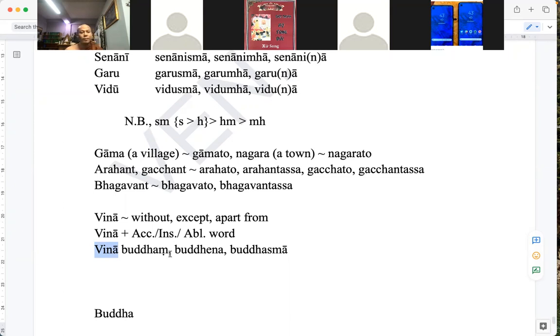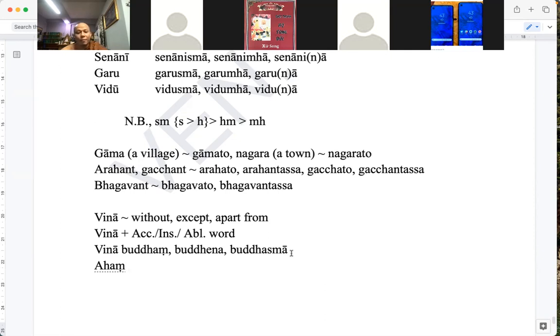Excuse me, Bante, for one more point. For example, if the English sentence is like this one, I can go without old friends. In that case, can it be used in accusative, or either instrumental or ablative as well? There is no need for it to be modified by the verb because it is separate.